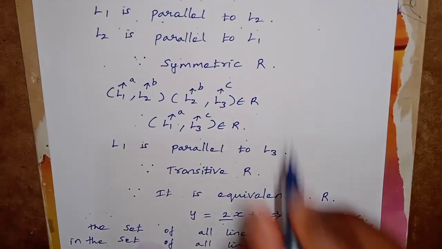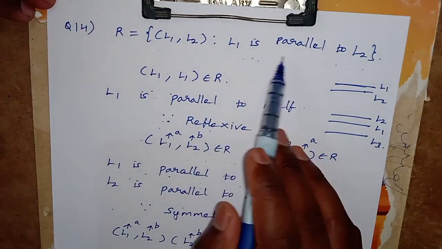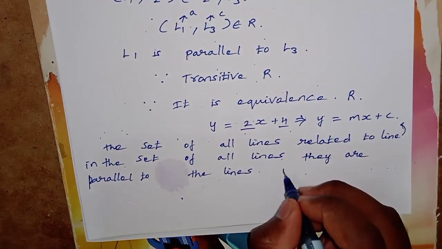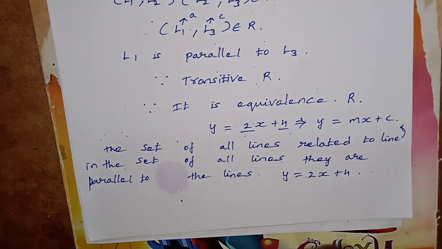Here it should be parallel. Okay, parallel to the lines. Therefore y equal to 2x plus 4.